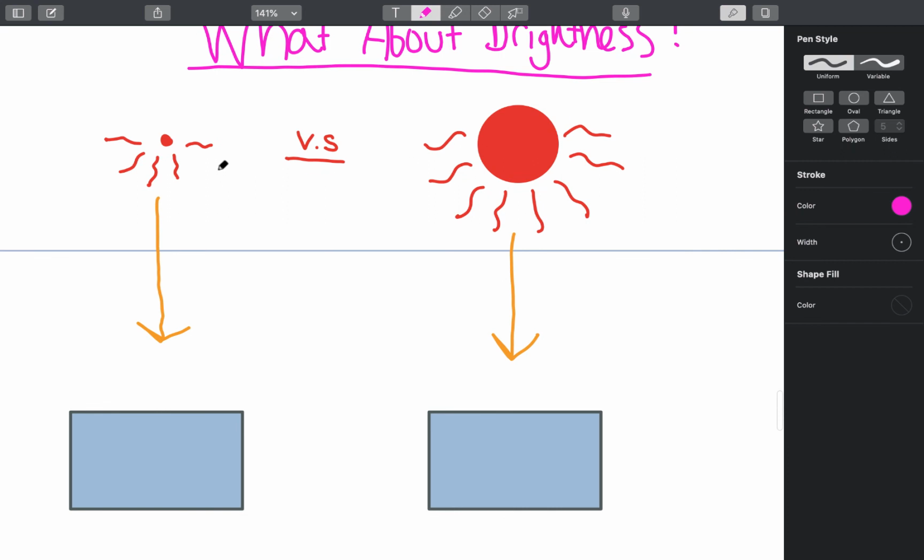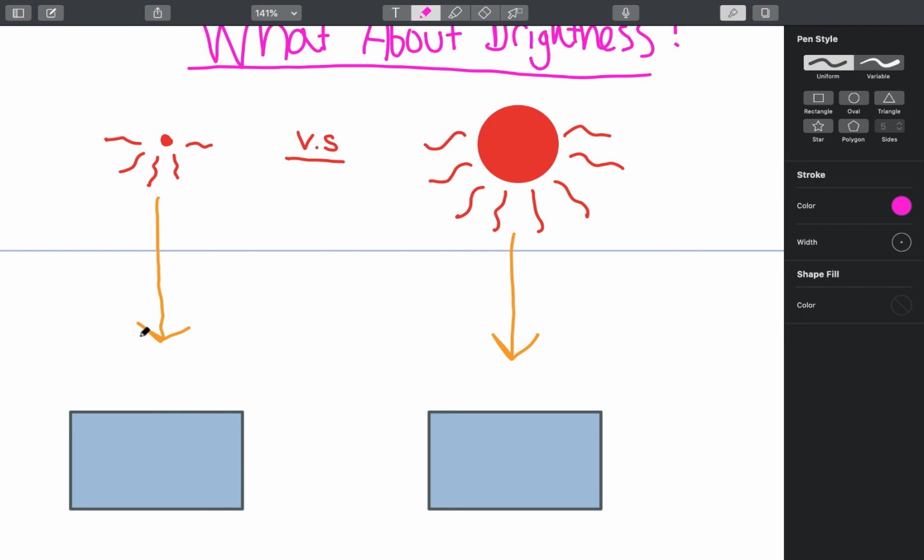So here I have two lights. This bigger red light is associated with a brighter light, and this little one is not as bright. And here we have two metal blocks. Let's say brightness can be defined as the amount of photons hitting a certain area over a certain time.